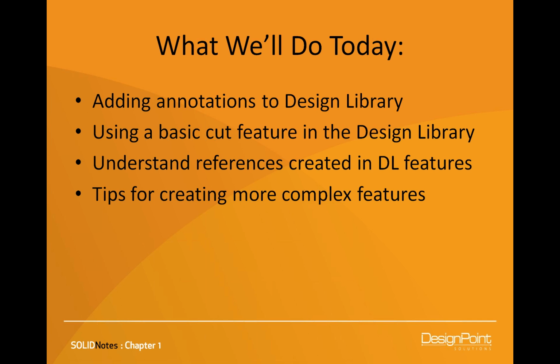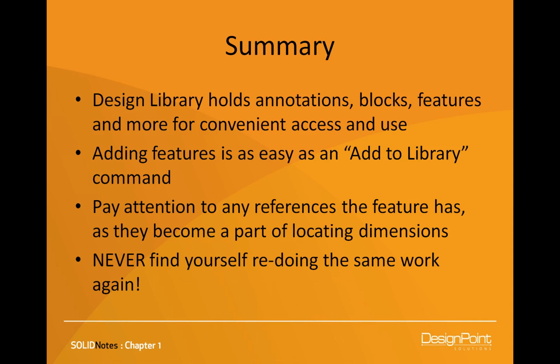We'll look at understanding references that are created in these design library features, and it's important to understand those when we particularly get into creating more complex features, understanding what references those are going to need. And as I said, finally, we'll do a little bit more of a complex example of kind of a Revolve Cut, and this will allow you to get your feet wet a little bit with more complex features and how those could be applied to the design library as well, and how we can utilize those.